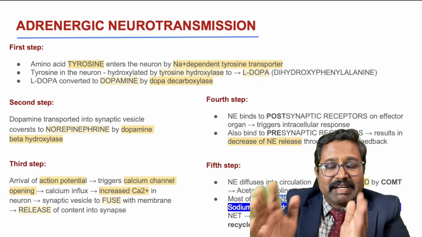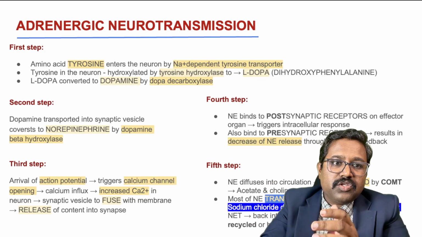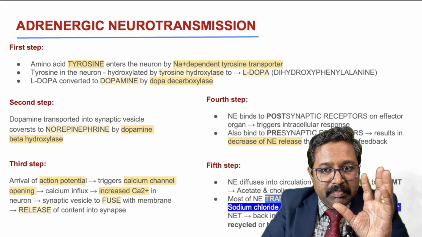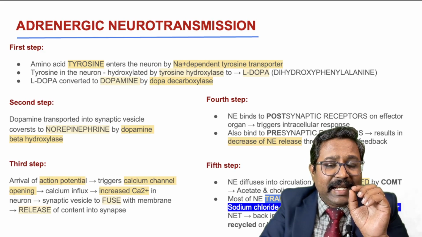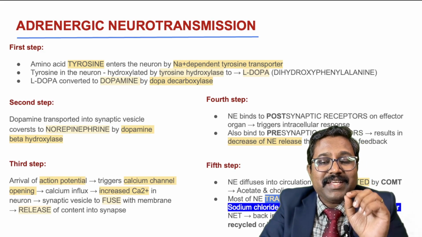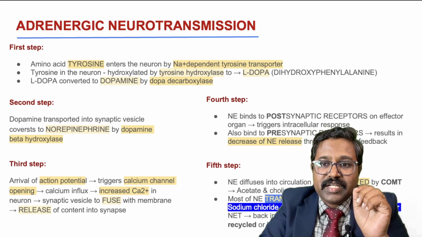Next, coming to the adrenergic neurotransmission. There are 5 steps you need to remember. First step is the amino acid tyrosine. Amino acid tyrosine enters the neuron by a sodium dependent tyrosine transporter.